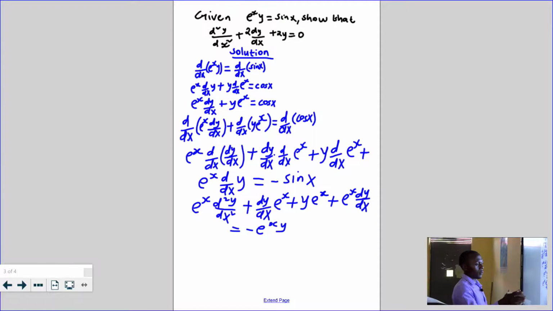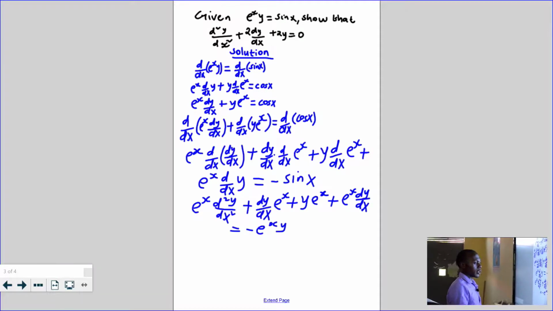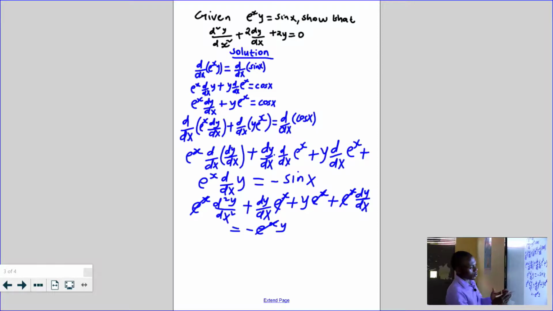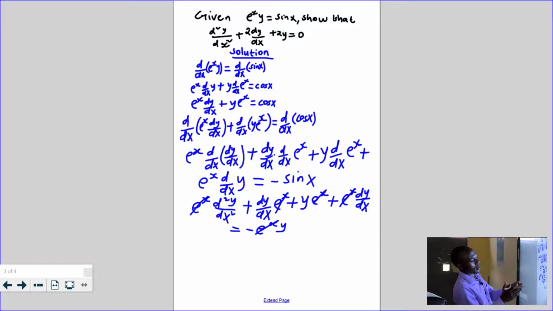So simply factoring out, and then you will be able to cancel it. So this e^x, this one, and this one will cancel out, and then you remain with d²y/dx² plus dy/dx plus y, then dy/dx, then minus y, and then let us combine that together.